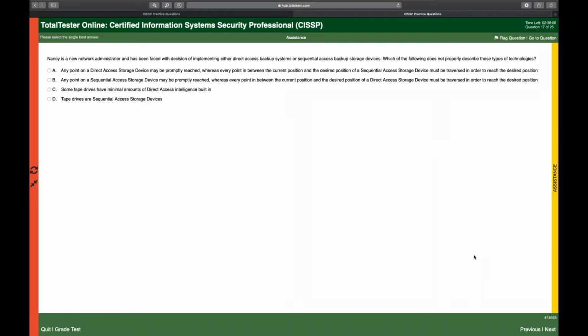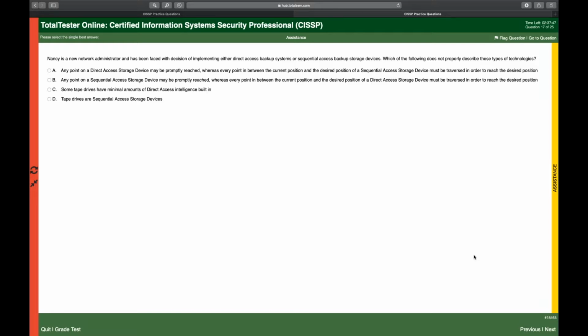Number 17, Nancy is a new network administrator and has been faced with the decision of implementing either direct access backup systems or sequential access backup storage devices. Which of the following does not properly describe these types of technologies?